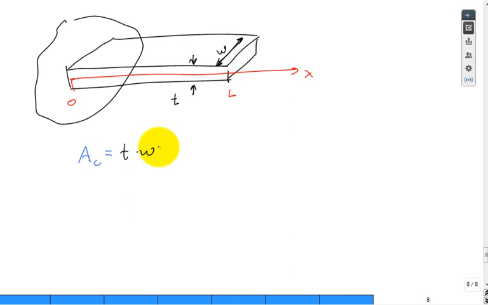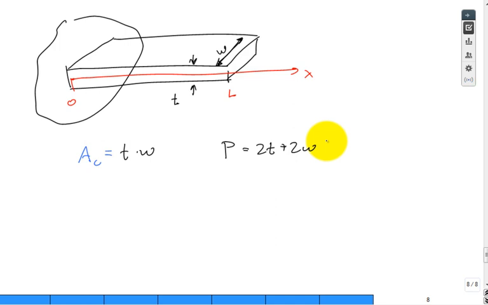Yeah. All right. Harder one, perimeter. In terms of t and w, what is the perimeter? It's 2t plus 2w. Exactly.